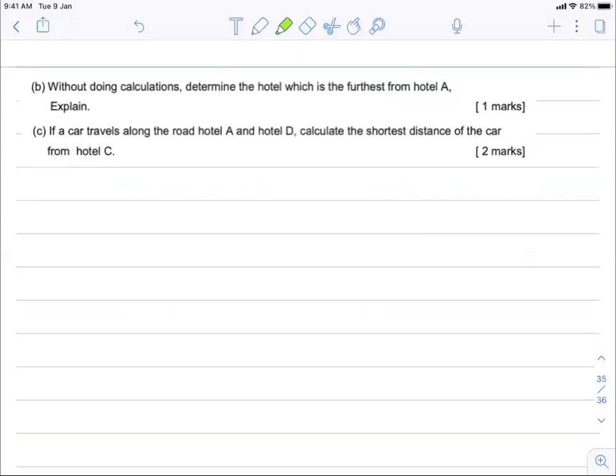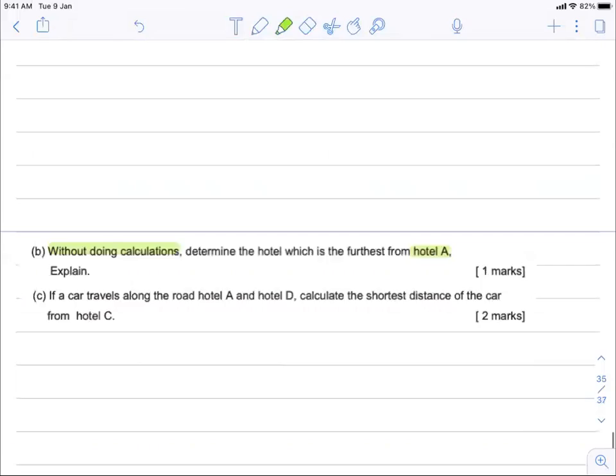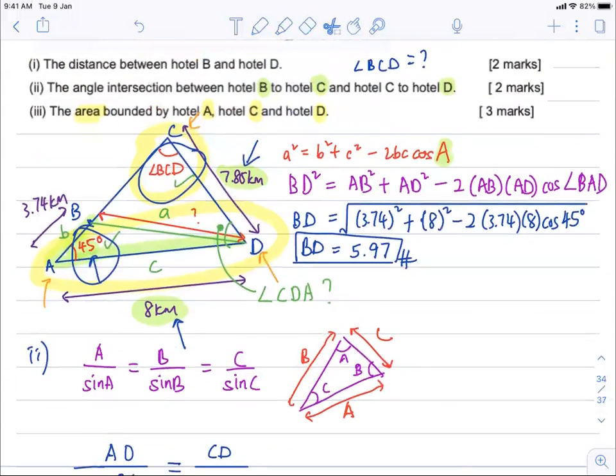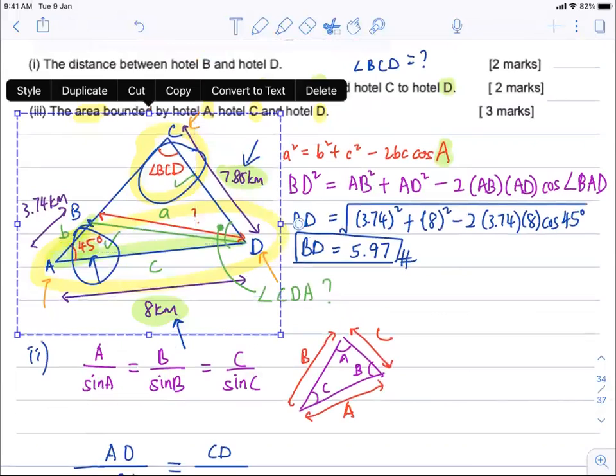So part B asks us to, without doing calculation, very important, determine the hotel which is furthest from hotel A. Okay, let me copy over the diagram first. This is the diagram.